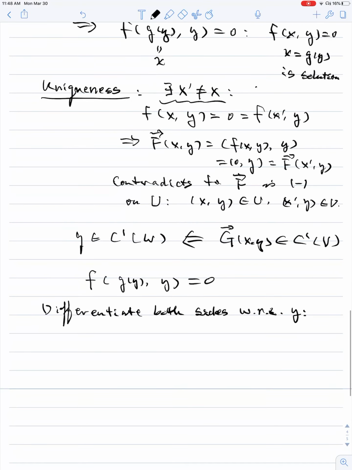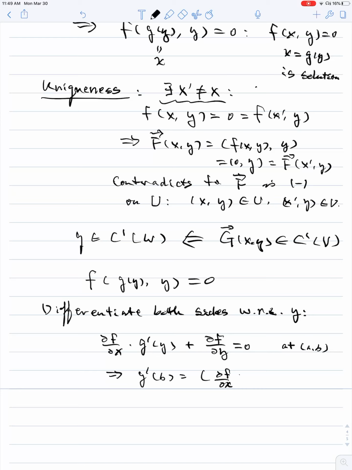So this means we will have df/dx times g'(y) plus df/dy equals 0. Evaluating at the point (a, b), we get g'(b) equals negative df/dx at (a, b) inverse times df/dy at (a, b).